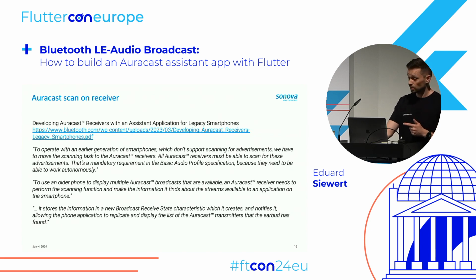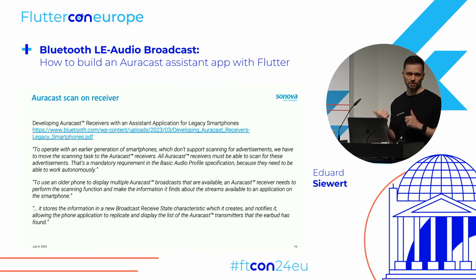It further says, to use an older phone to display multiple Auracast broadcasts that are available, an Auracast receiver needs to perform the scanning function and make the information it finds about the streams available to an application on the smartphone. It stores the information in a new Broadcast Receive State characteristic, which it creates and notifies, allowing the phone application to replicate and display the list of Auracast transmitters that the earbud has found.